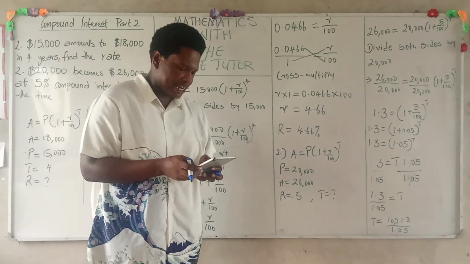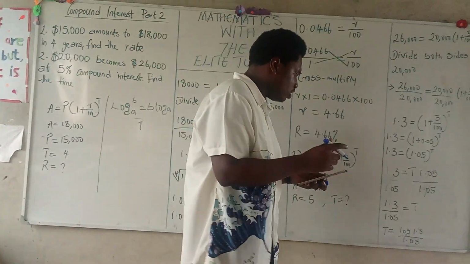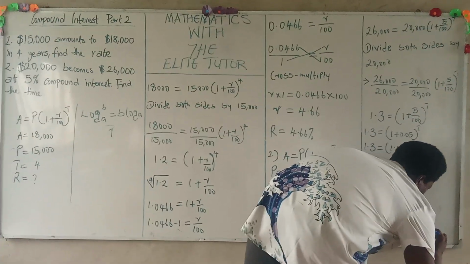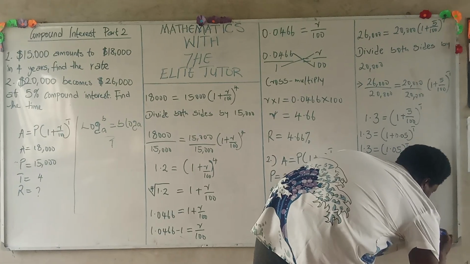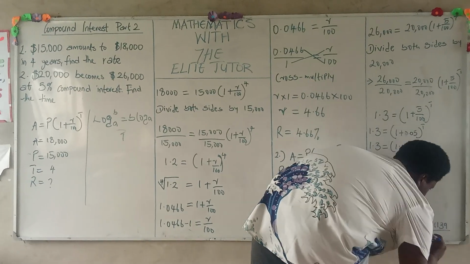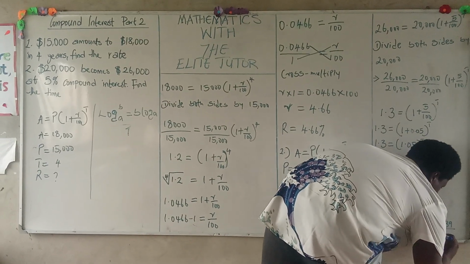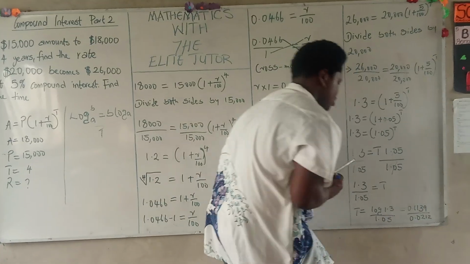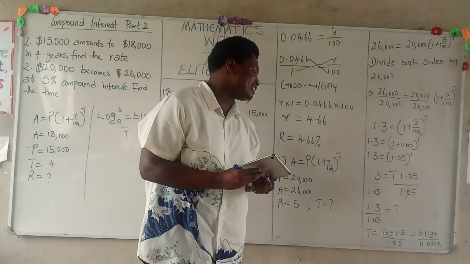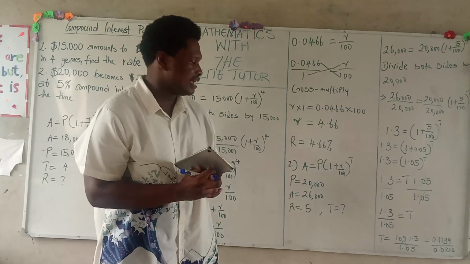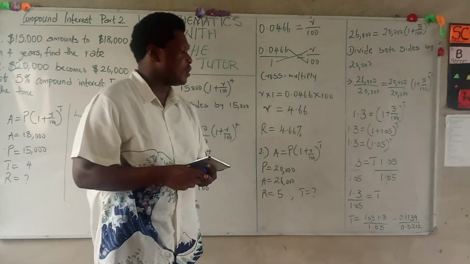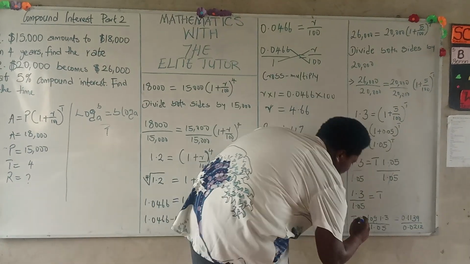Now if you confirm very well from our calculator, log 1.3, our numerator, gives us 0.1139, and log 1.05 gives us 0.0212. So we've been able to ascertain that log 1.3 is equal to 0.1139, and log 1.05 is 0.0212. I forgot to add the log here.